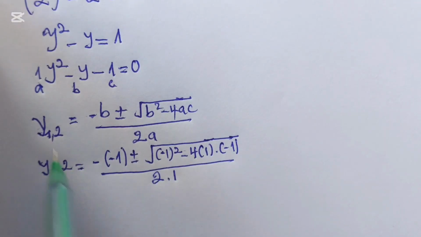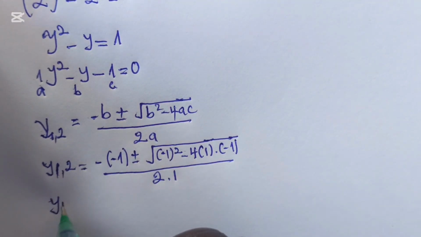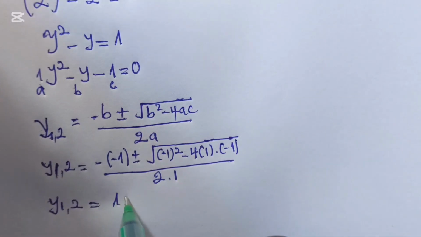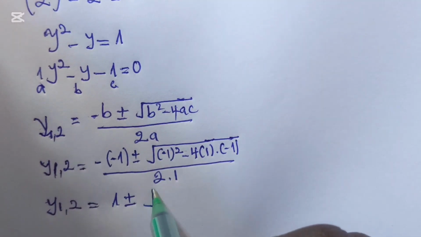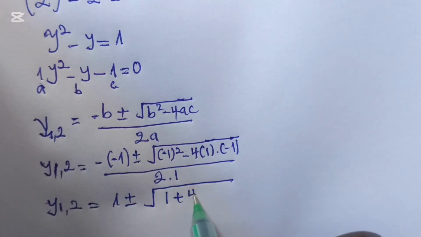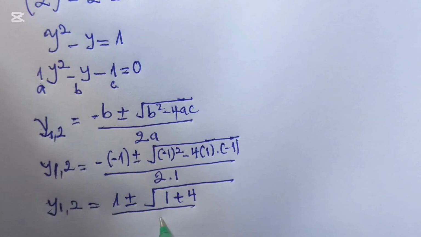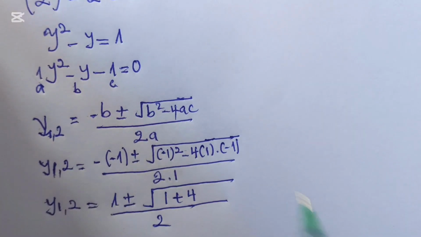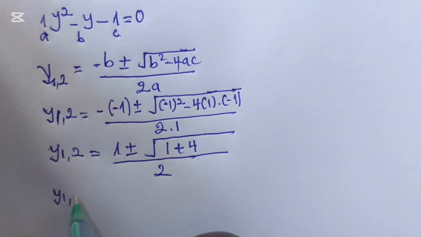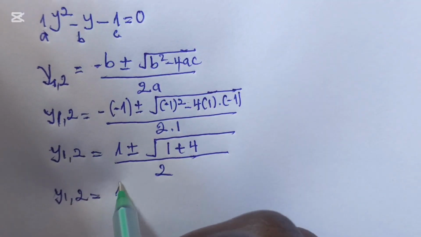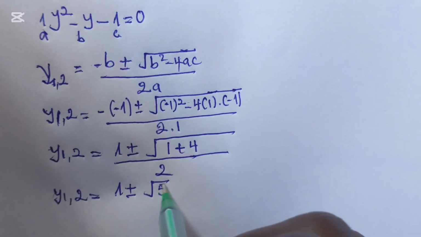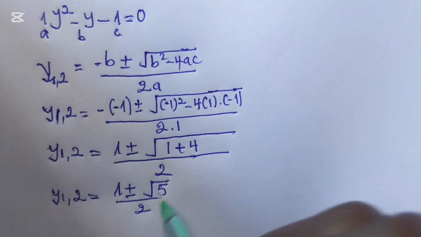Then y1 and y2 will be 1 plus or minus square root of 1 plus 4 over 2. Then y1 and y2 will be 1 plus or minus square root of 5 over 2.